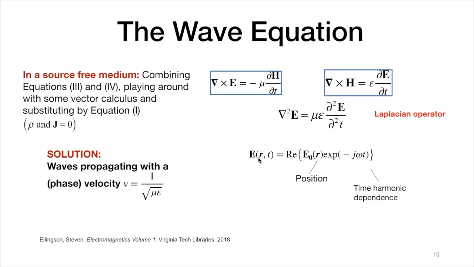So we have E, which is a vector of r and t, as the real part of an amplitude that is just a function of position or space, times a time harmonic function. This time harmonic function helps us to drop the time dependence further on when we take the derivative with time. It helps us as well to define the velocity of the wave, which is v equals 1 over the square root of mu epsilon.